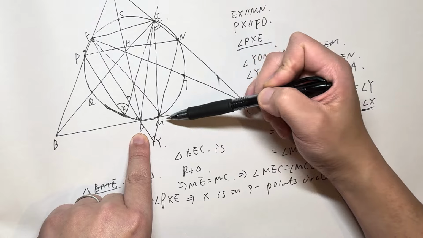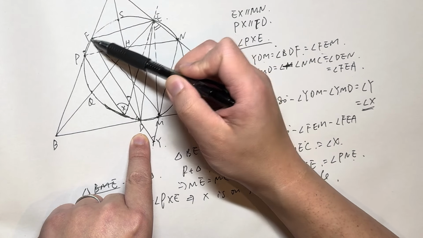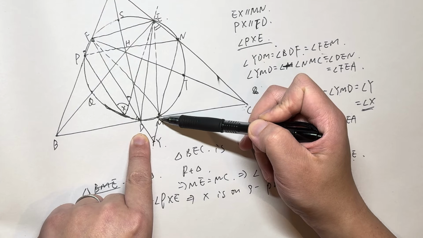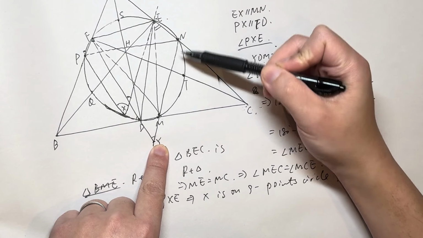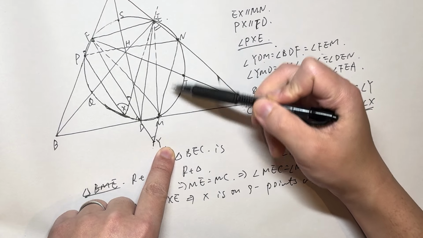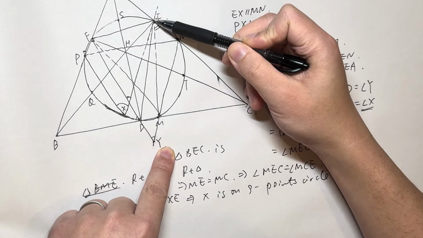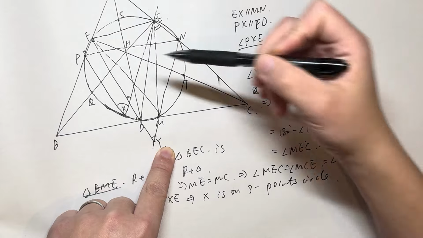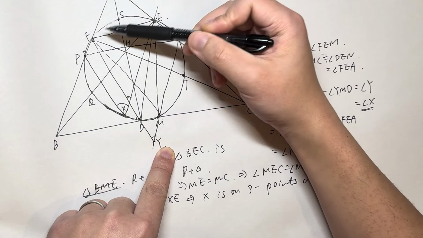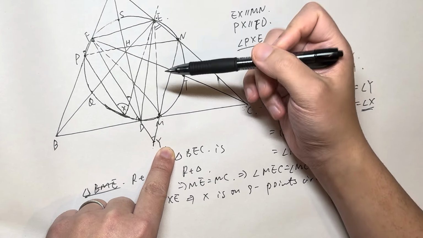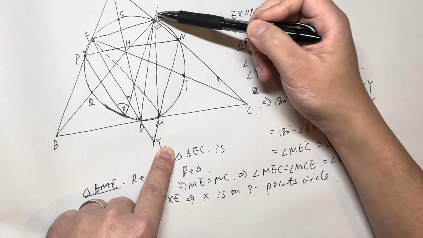And because FDME are cyclic, angle BDF equals angle FEM, right? And because EDMN are cyclic, angle NMC equals angle DEC. And we know that E is a foot, D is a foot, so angle DEC equals angle FEA. Then 180 degrees minus angle FEA minus angle FEM is angle MEC.